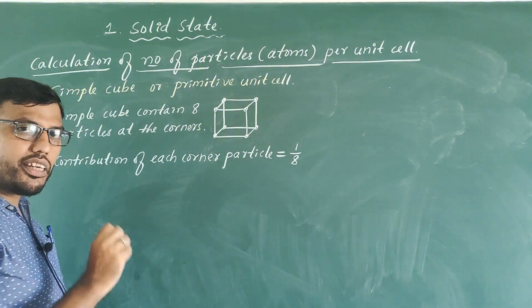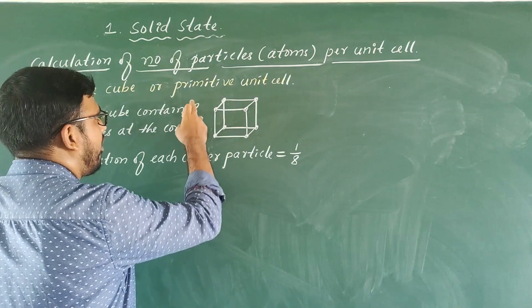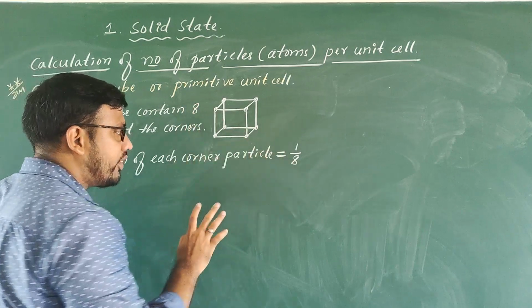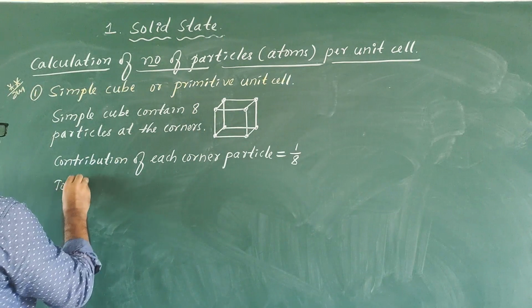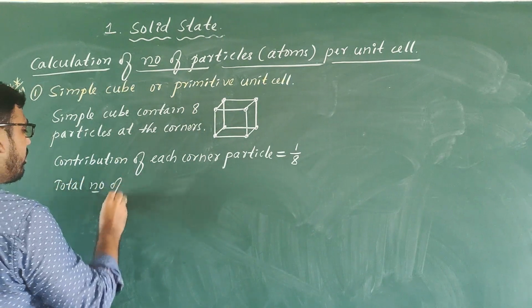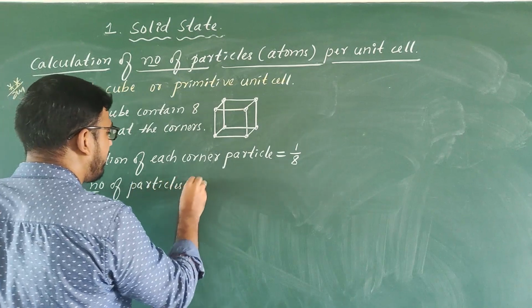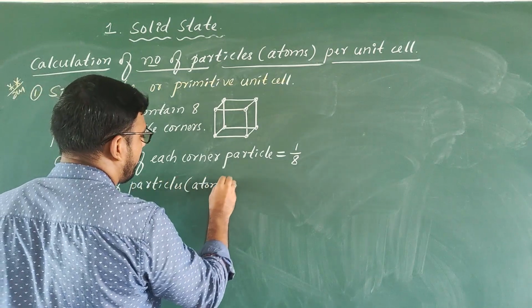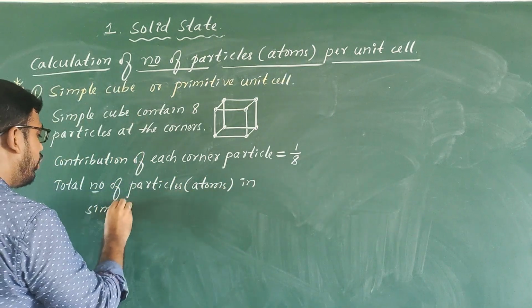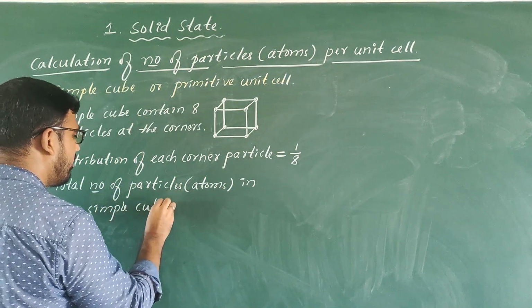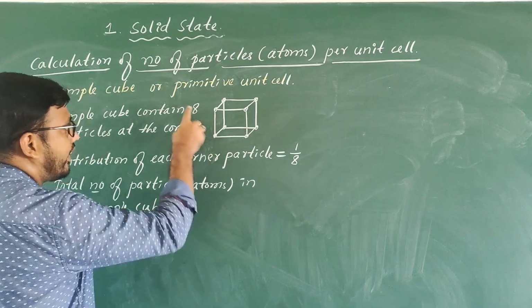So what is the total number of particles now? Just multiply the number of particles with their contribution, you will get the total number of particles. Total number of particles or atoms in simple cube is equal to, see, in simple cube we have particles only at the corners.